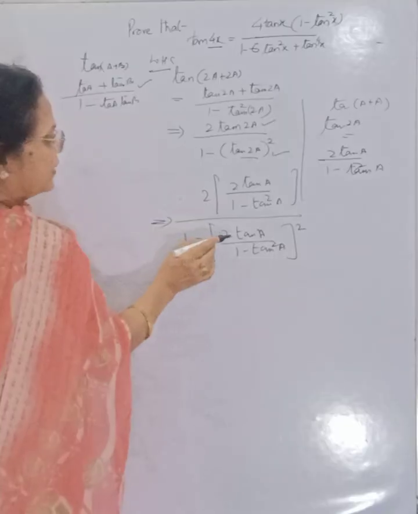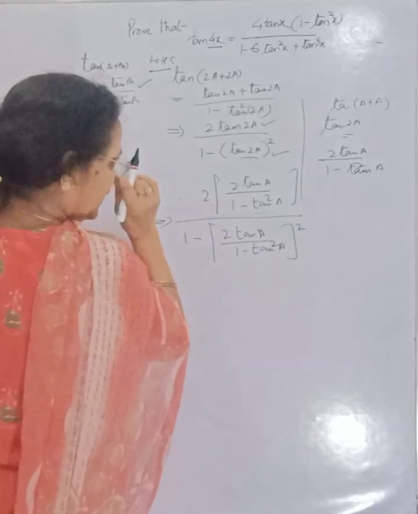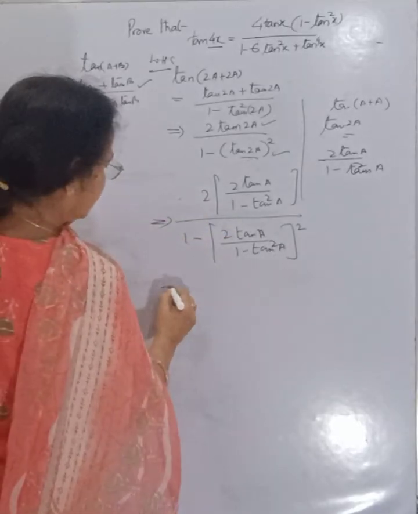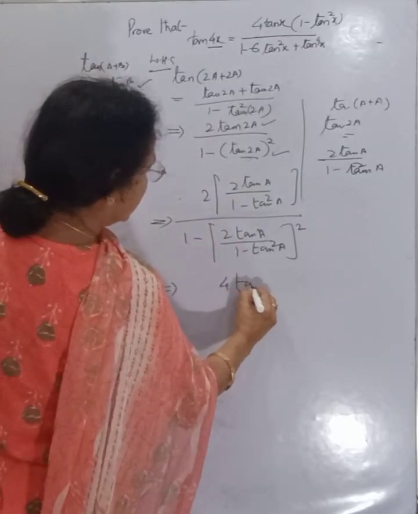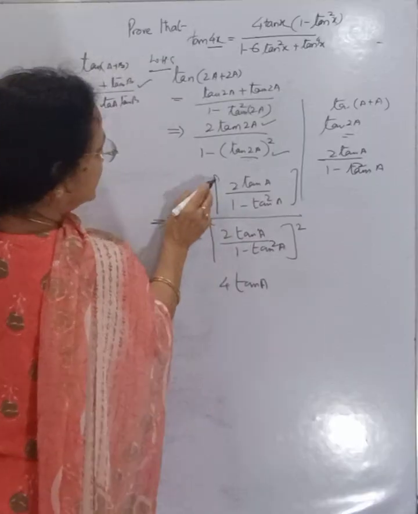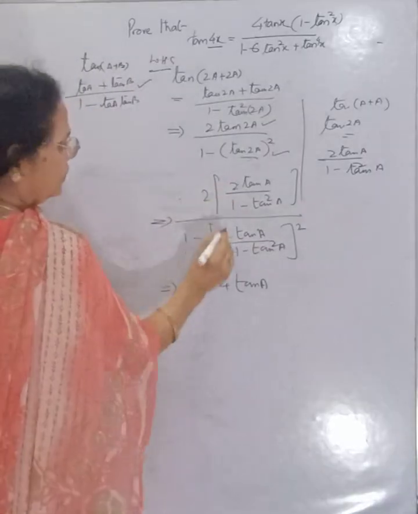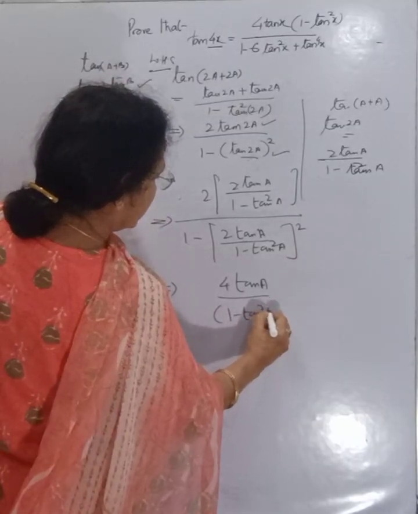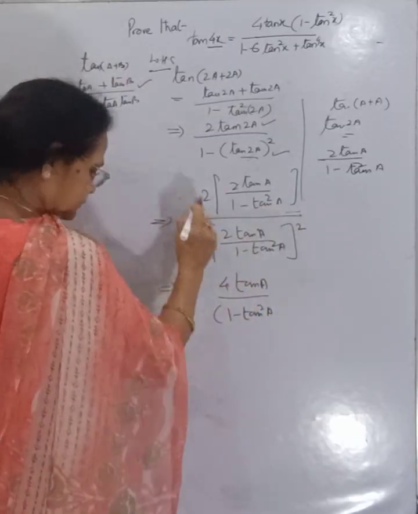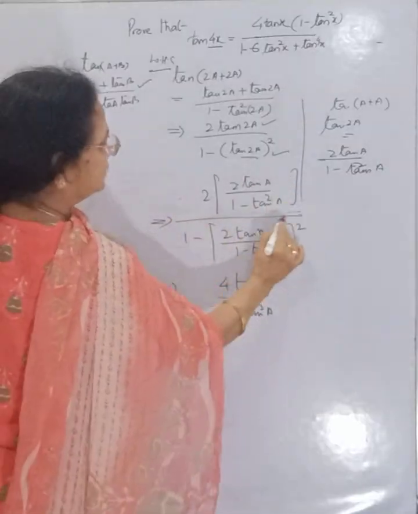In place of tan 2a we can write the formula of tan 2a. Now this can be written as 2 to the 4 times tan a in the numerator, and the denominator is 1 minus tan square a.